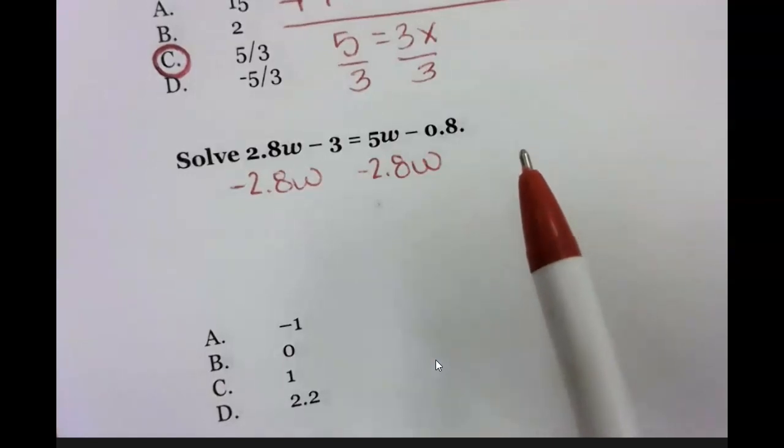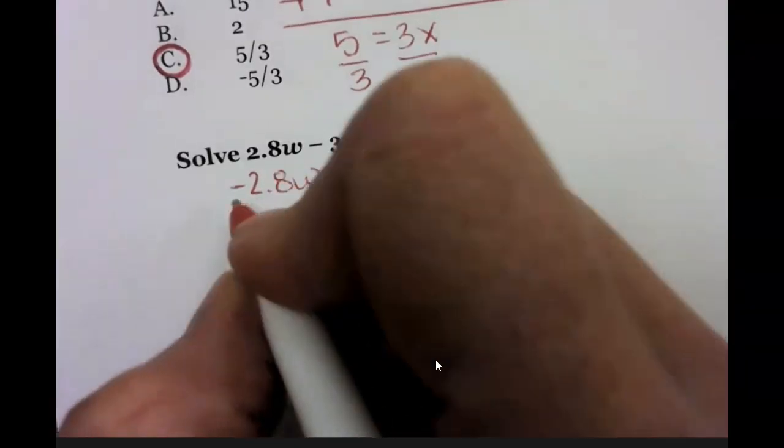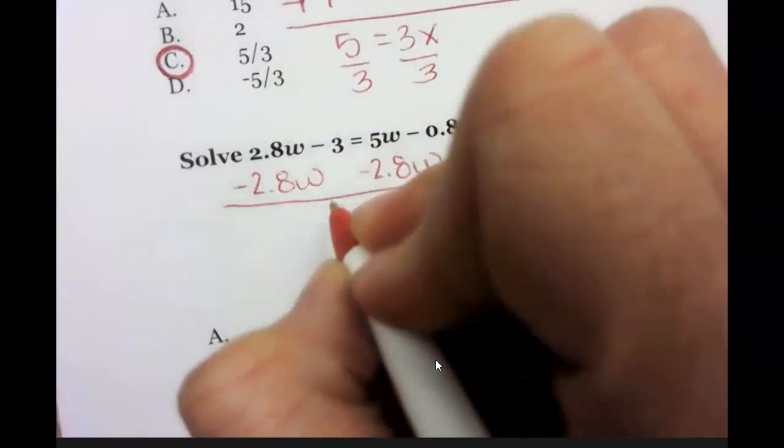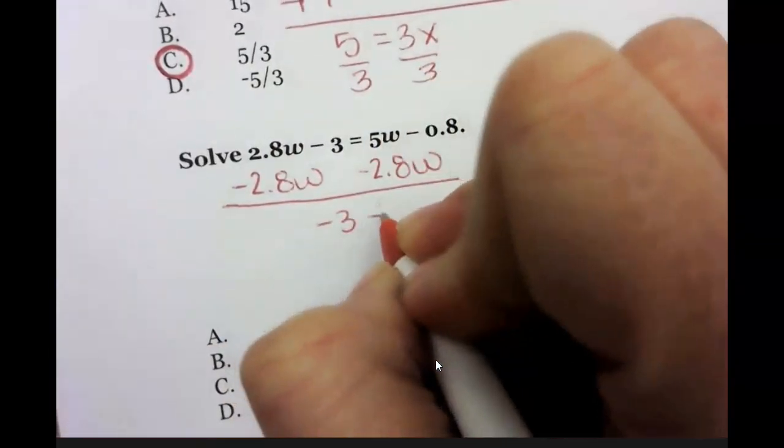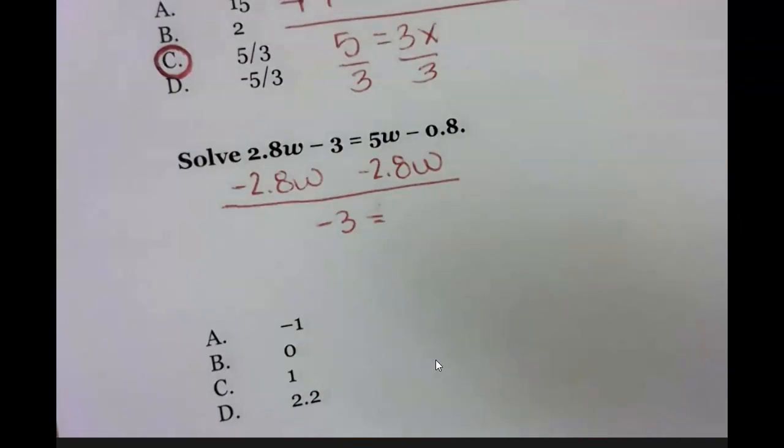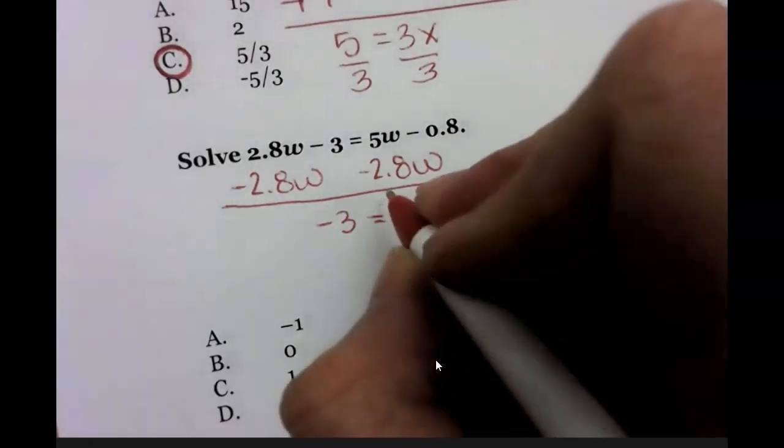Does that make sense? So a lot of you would write the negative 2.8, but you forgot the W. So it should be negative 3 equals, and then 5 minus 2.8 gave you 2.2.